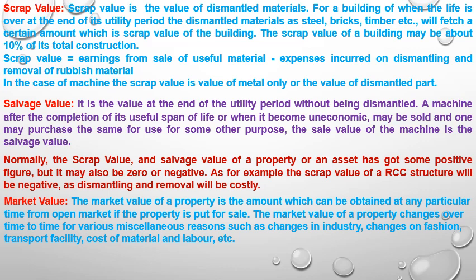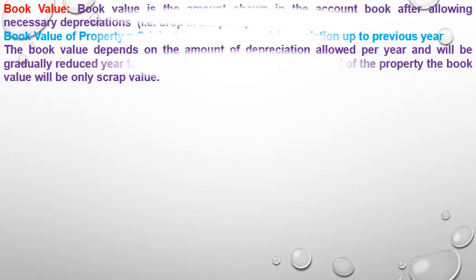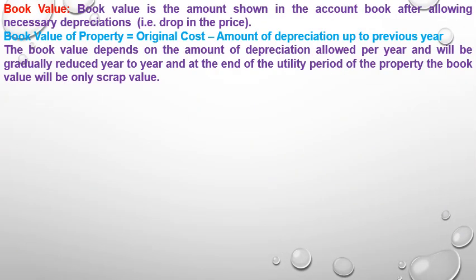Next point is book value. Book value is the amount shown in the account book after allowing necessary depreciation. Book value of property equals original cost minus the amount of depreciation up to the previous year.